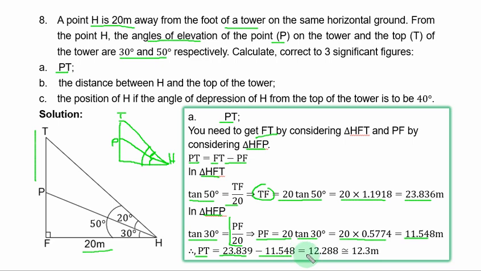If you subtract, you have 12.288. To 3SF, you have 12.3 meters as the length PT.